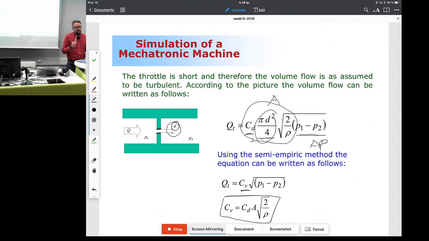Now this one here, this CV, which is a semi-empirical parameter, we can get from the manufacturer's catalog, because the manufacturers provide something called characteristic curves, giving information about the characteristics of a single component. We simply go to the manufacturer's catalog, we get the information, which this time is this CV, and then we're good to go. Then we have a model.